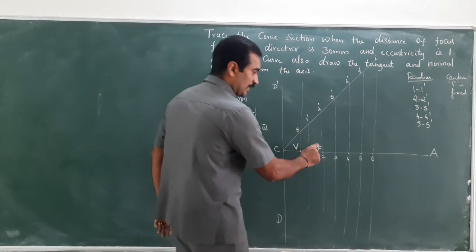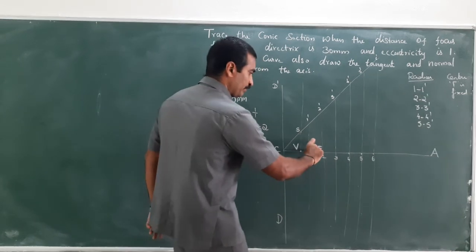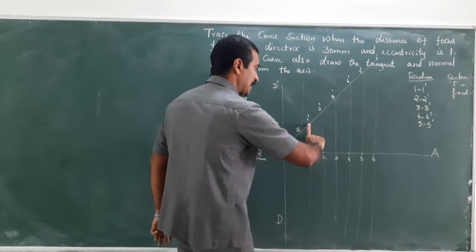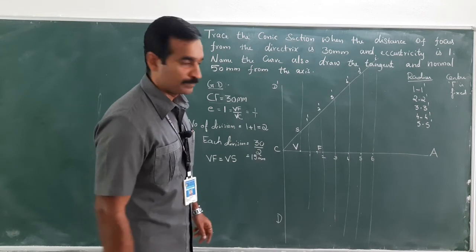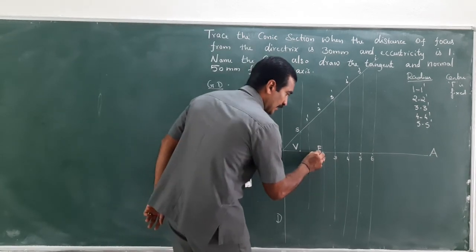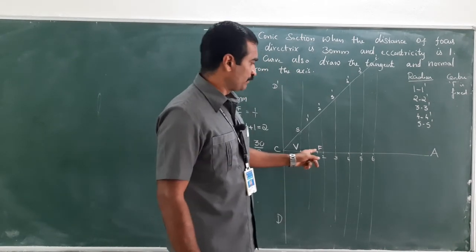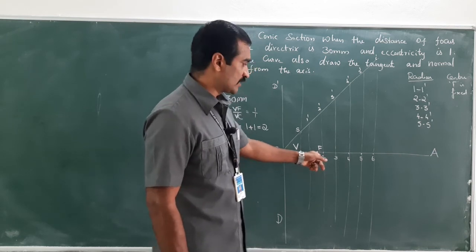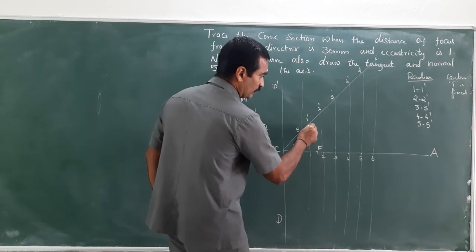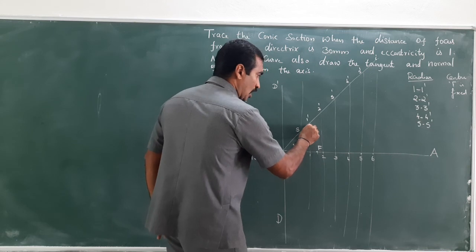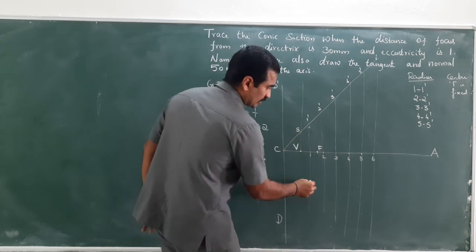Keep your compass at point 1 and measure the distance between 1 and 1 dash in the compass. Now at F, because F is the center which is constant, cut an arc on either side of the axis.